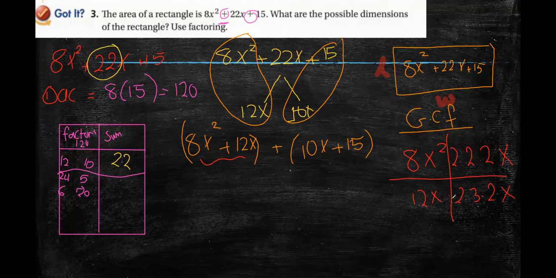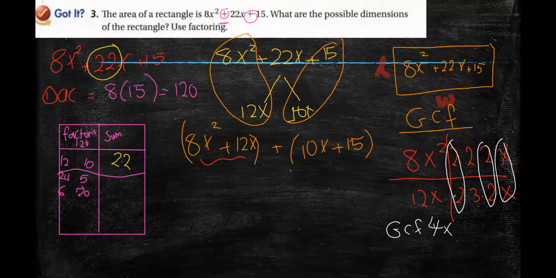Then I write the common factors, which is 4x. So the GCF here is 4x. If I write the 4x outside, let's rewrite the inside. Here we have a plus sign, so rewrite it as a plus.